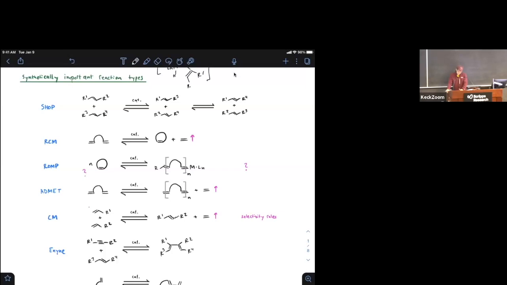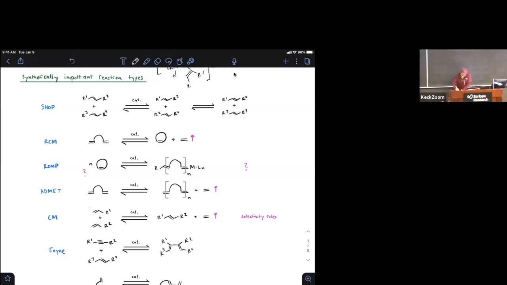It's really like a form of cross metathesis that is specific to the petroleum refining and upgrading industry. It's a means by which shorter chain alkenes can be converted into longer chain alkenes, which as we have seen, ultimately get converted through isomerization and hydroformylation to things like linear alcohols that are useful in detergents.